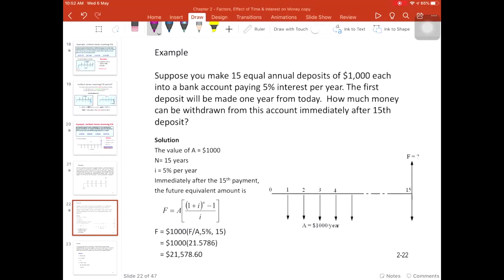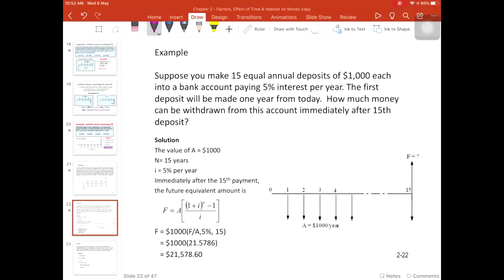So this one is just to show you, you can use the formula. Formula is given. Just write it and input the numbers, or you can use the standard factor notation. But the easy one to save your time, just use the standard factor notation. Okay, so you have to find F. And the question is at year 15.